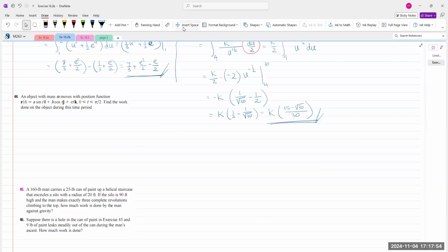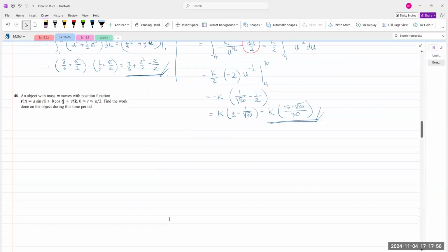Okay, let's see number 44. An object with mass m with position function r(t) moves in that position function. Now find the work. The work equals the integral over the curve of force field dot dr. Now we have that r(t) is given by a sine t, b cosine t, and ct.